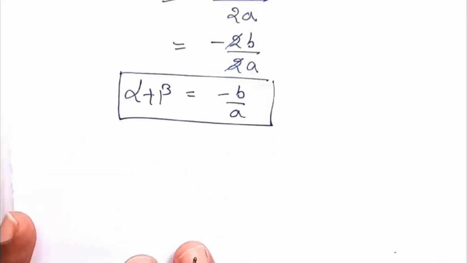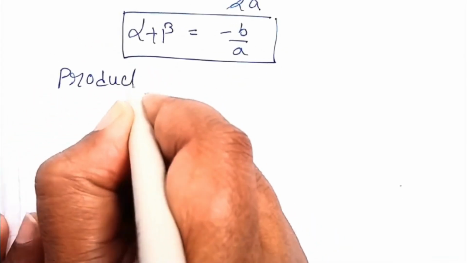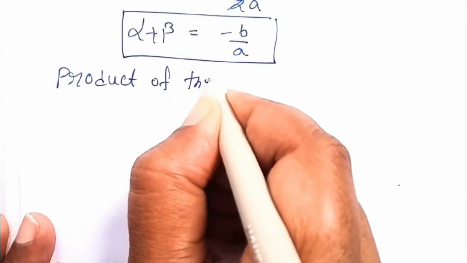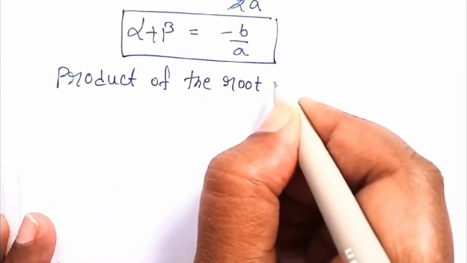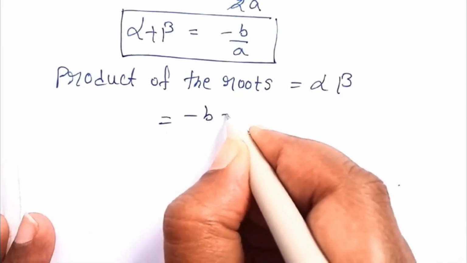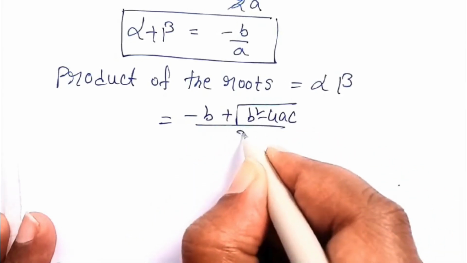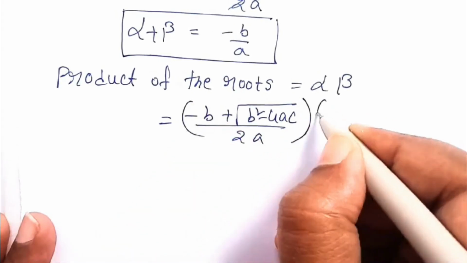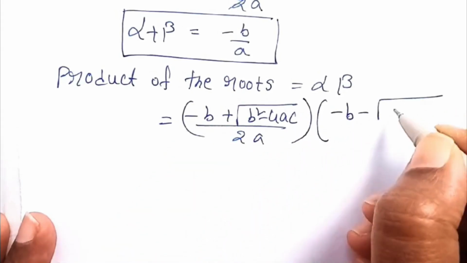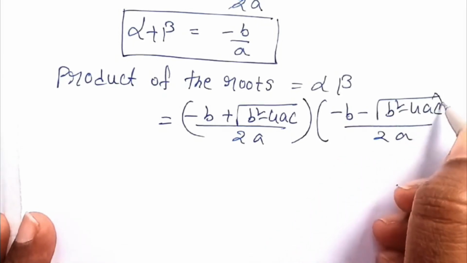Now the product of the roots, which means alpha into beta. Alpha value is minus b plus square root of b square minus 4ac by 2a, into beta value, minus b minus square root of b square minus 4ac by 2a.